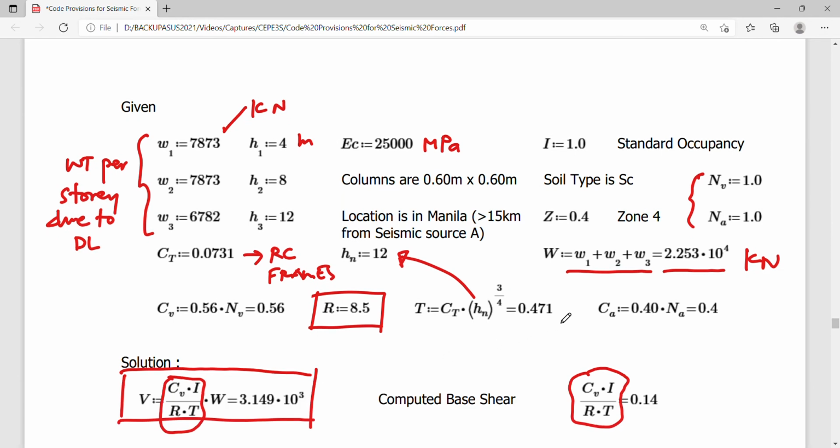So T is 0.471, and this is simply less than 0.7, which means to say that your structure is not behaving as a low frequency structure, but rather it is a high frequency structure.